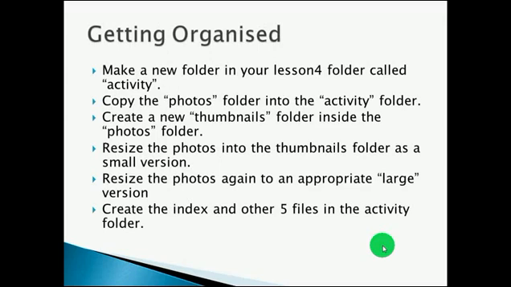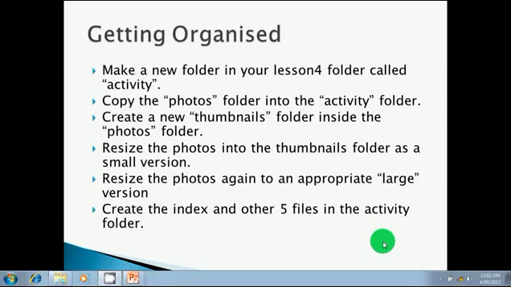You'll need to reduce your copy of your photos to the appropriate size, and so effectively you'll have 2 folders, one with your photos which has got the appropriate size of the large photos, and another photo folder which is called thumbnails with the smaller ones inside there.